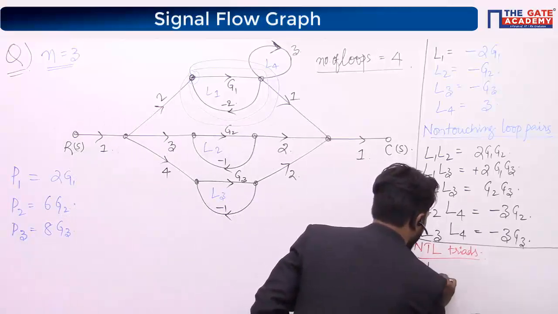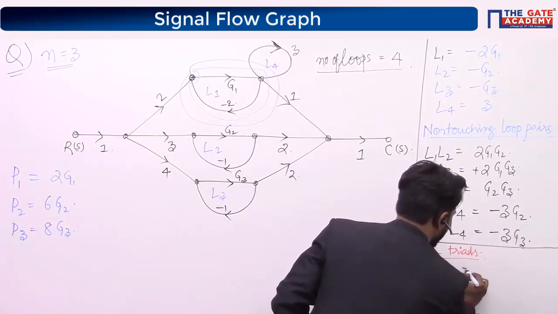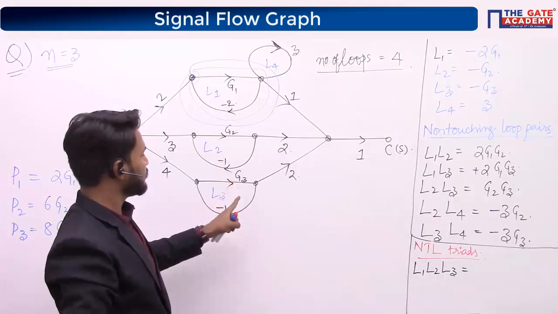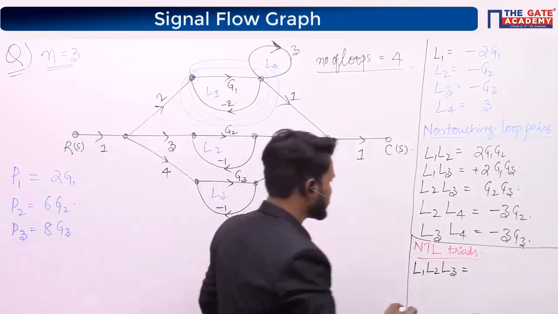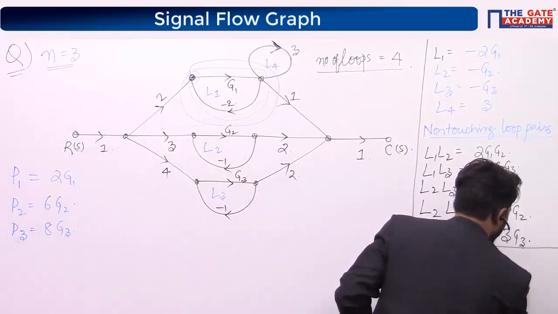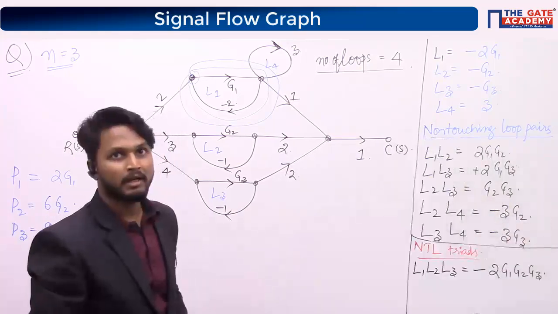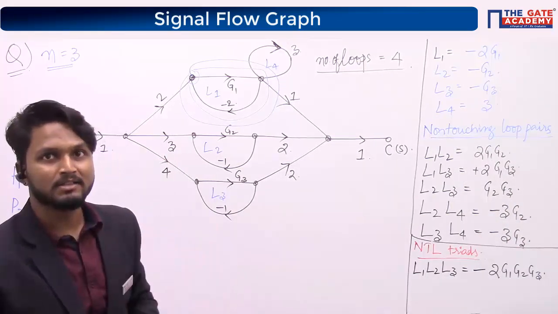Therefore, L1, L2 and L3. What is the product? Minus 2g1, minus g2, minus g3. It is minus 2g1 g2 g3, right?